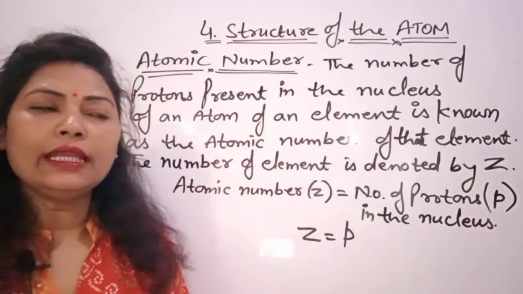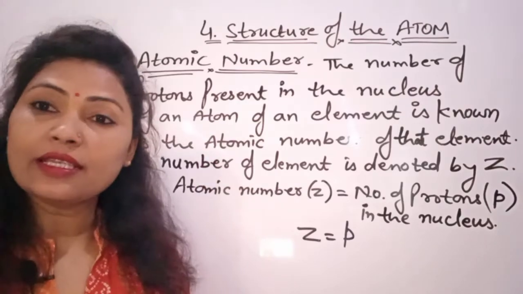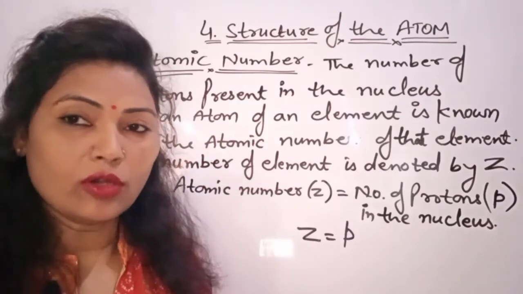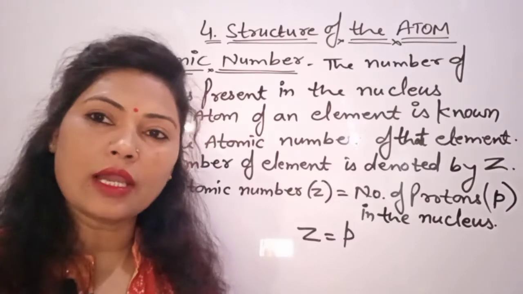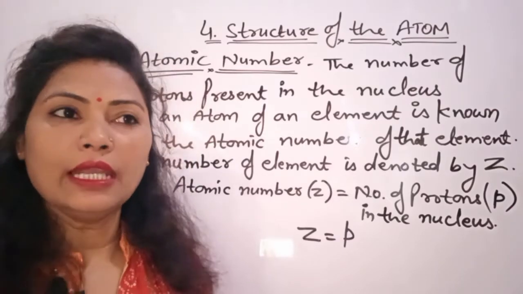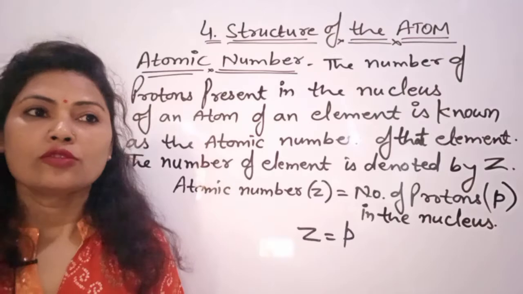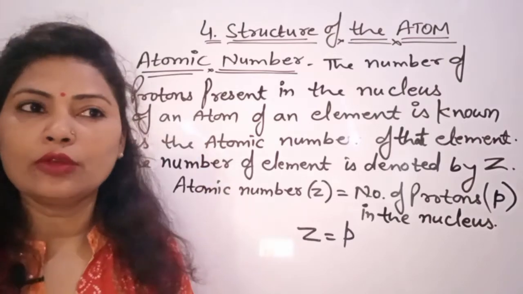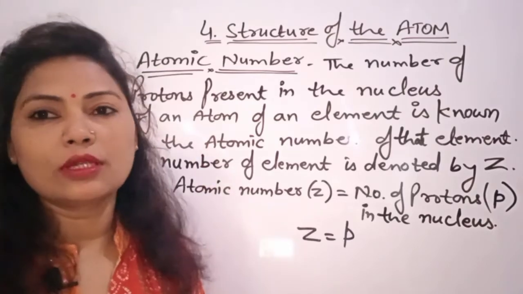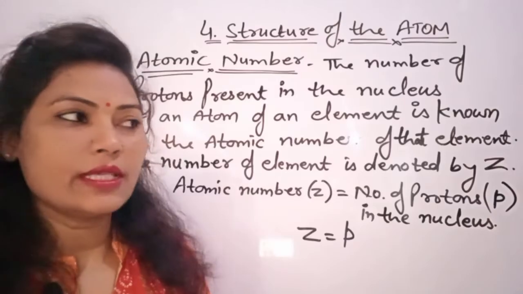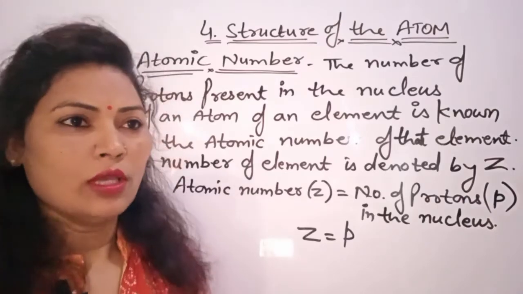The whole atom is electrically neutral because the number of protons is equal to the number of electrons. The number of protons in the nucleus is always equal to the number of electrons. So you can say that P equals E.